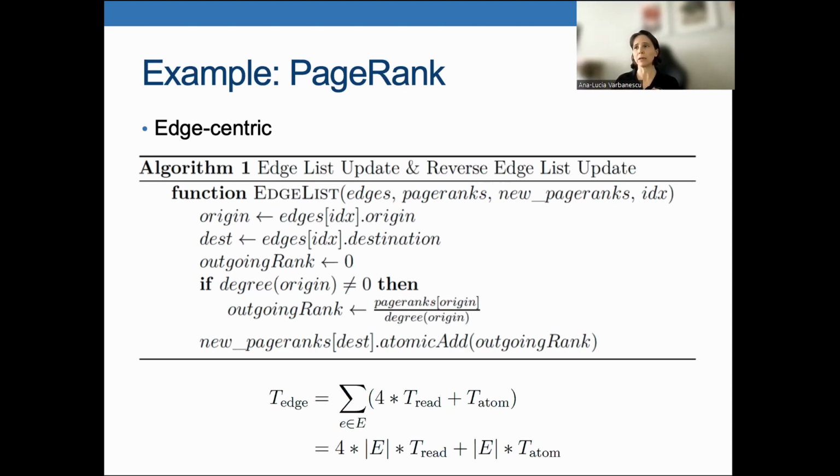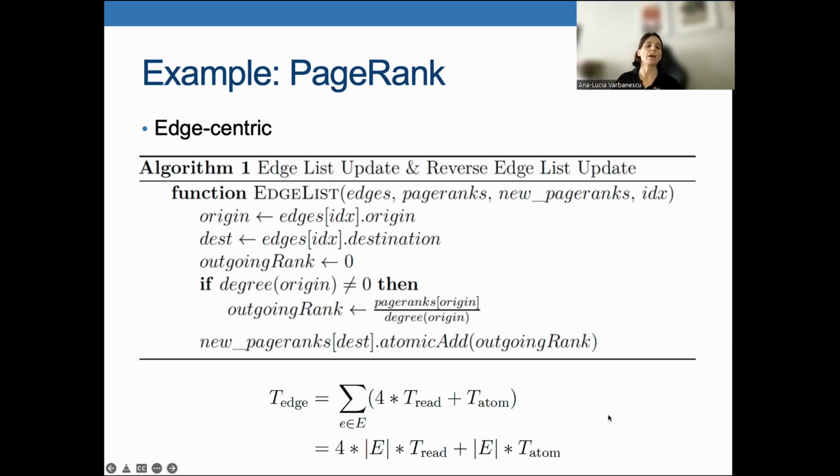In the figure on the top, you see the pseudocode high-level implementation of PageRank using an edge-centric approach. And on the bottom, you see the performance model that we extracted. Namely, we do 4 read operations and 1 atomic operation for every edge in the system.